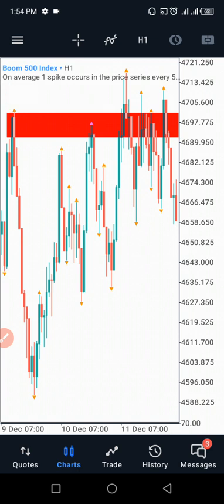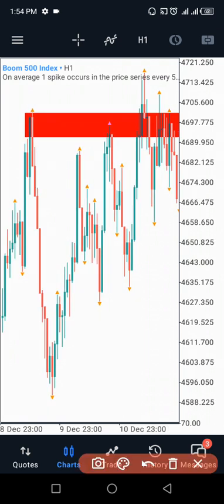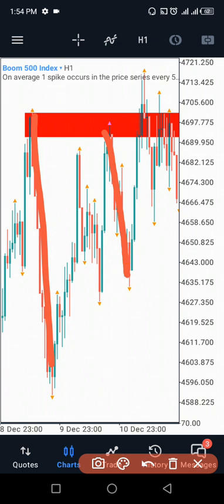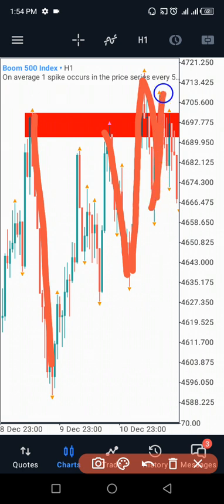After identifying the first touch here and then a second touch here, we wait for price to retrace and get back to that level. Now when price gets there, it's not a confirmation for you to enter the market, because you will notice that when price got to that level, it took out that level, like a first breakout, and then sold. It took out that level again, like a first breakout, and then sold.